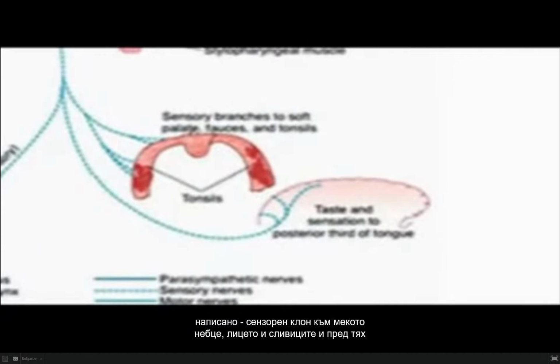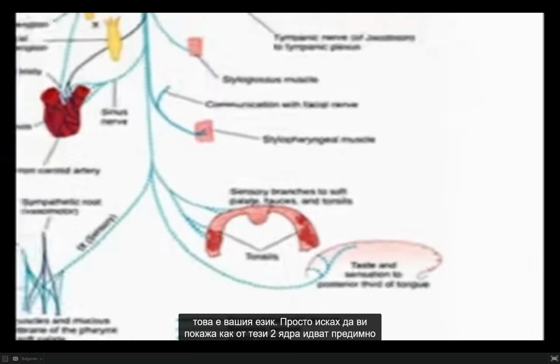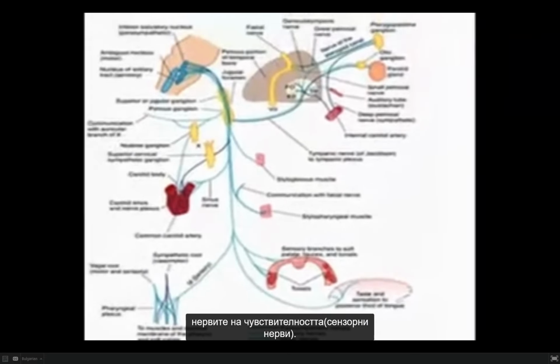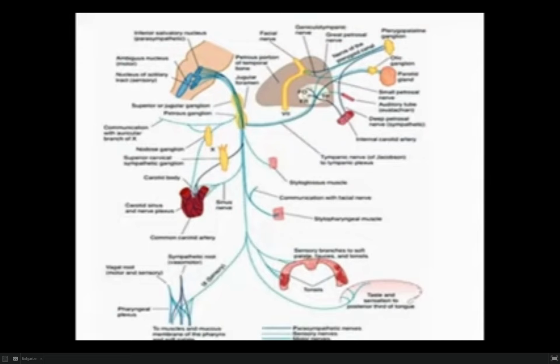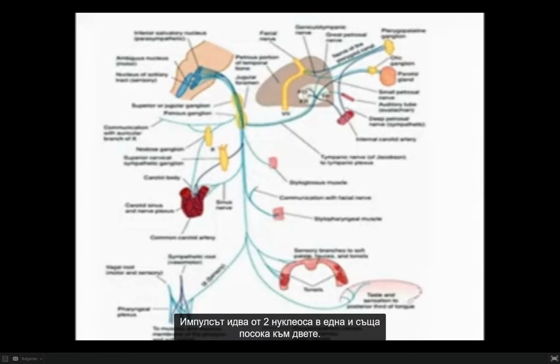And in front of that is your tongue. I just wanted to show you how from these two nuclei come mostly the nerves of sensation. These two nuclei send sensory nerves to the uvula, the small tongue, and to the tonsils. The impulse comes from the two nuclei in the same direction to both of them.